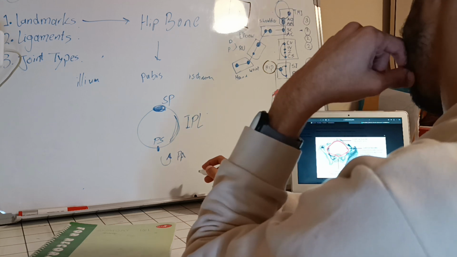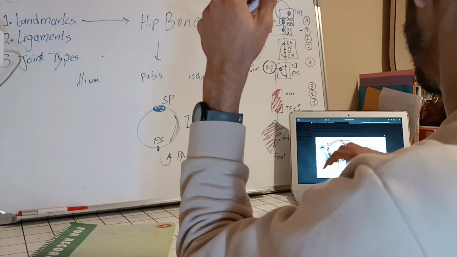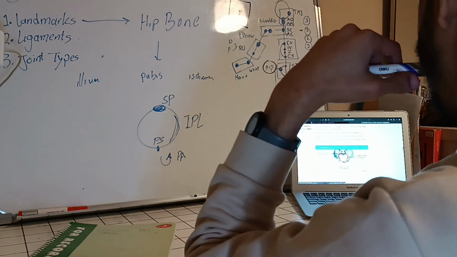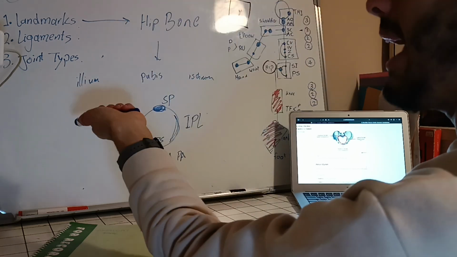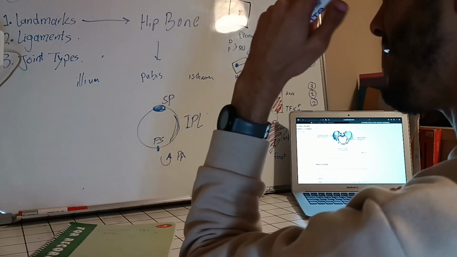The tip of the coccyx. So this is the inlet. The inlet has the sacral promontory, anterior the pubic symphysis, and the iliopectineal line.